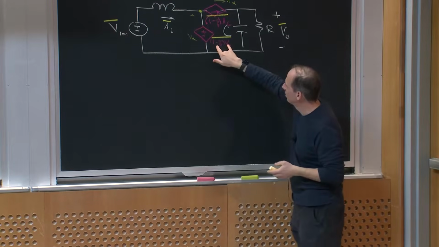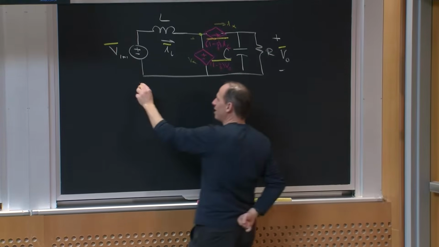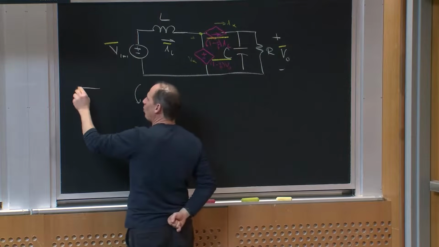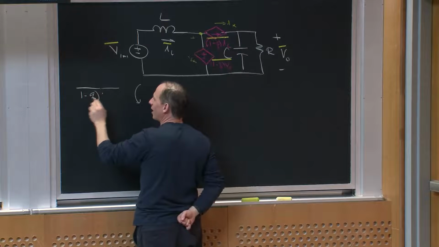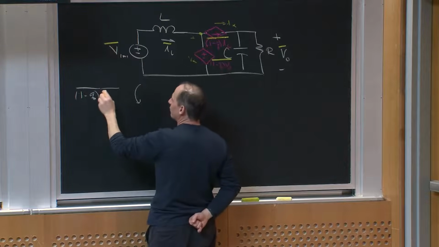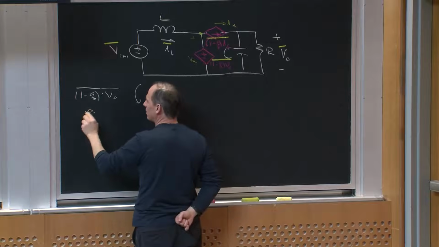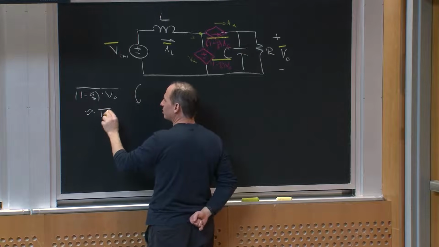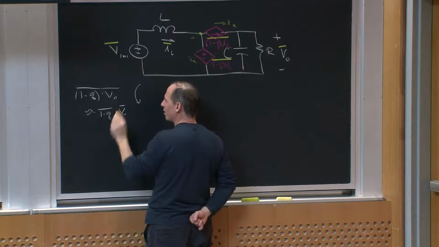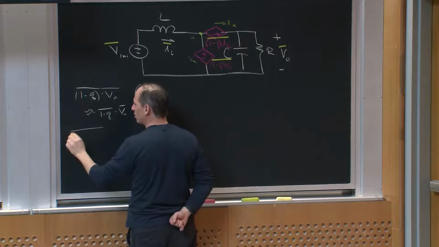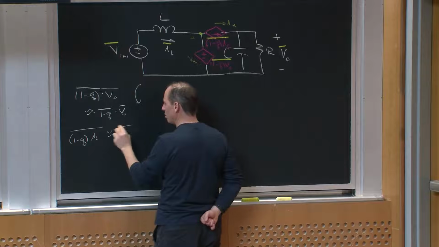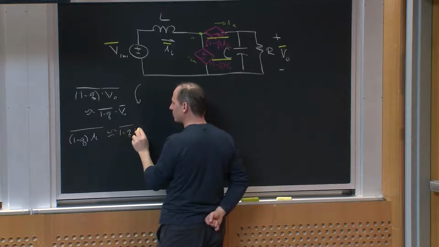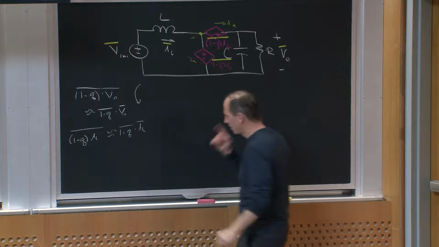So here, maybe I could say that the product of 1 minus Q times V out is approximately equal to 1 minus Q bar times V out bar, and 1 minus Q times IL is approximately equal to 1 minus Q bar times IL bar.